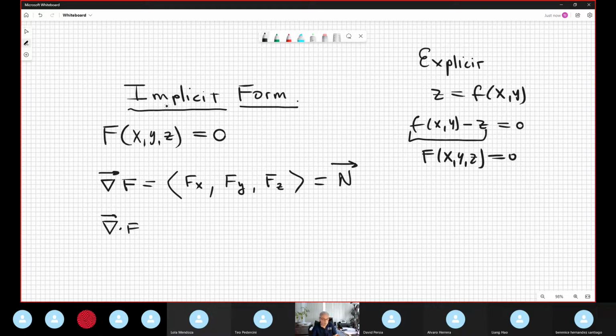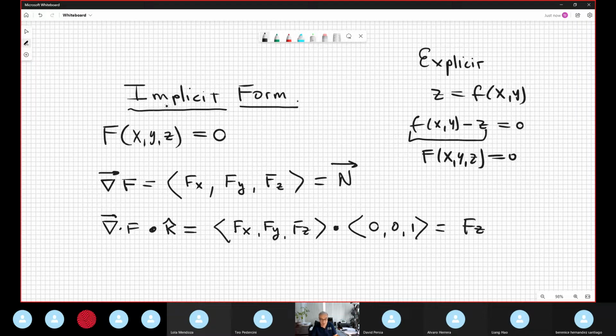So now, if you perform the dot product between this vector and the k vector, Fx, Fy, Fz dot product 0, 0, 1, it's obvious that it is Fz. So the only one that stays alive is this one. The others are multiplied by 0, so they are 0.